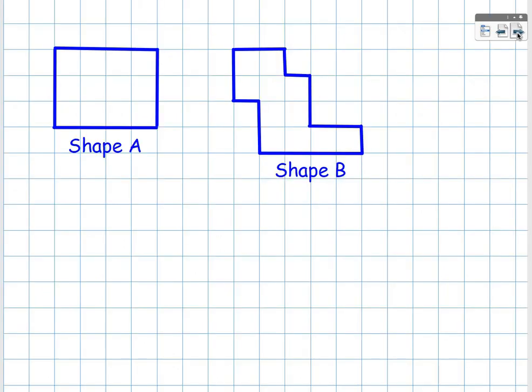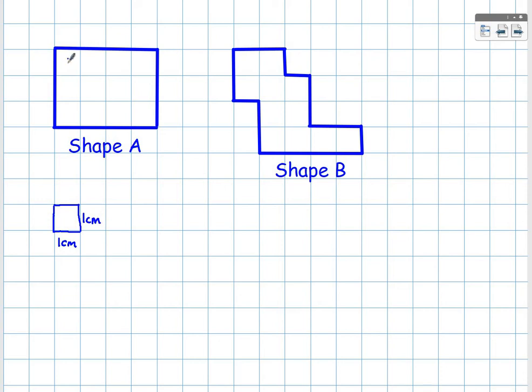Now, those shapes we were considering, which was larger, I've drawn them now onto a grid, and I'd like you to assume that each of these squares is a 1 centimetre by 1 centimetre square. Okay, so each of those squares 1 centimetre by 1 centimetre. We're comparing the area, so we want to see which has got the greatest space inside the object. And we can do that, as we just read, by counting the squares inside the shape.